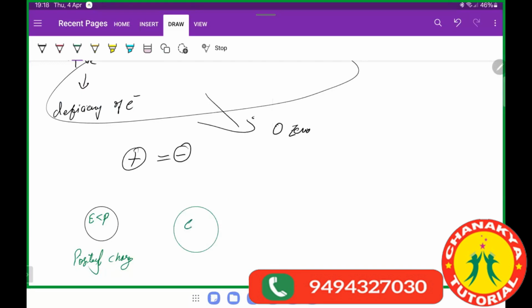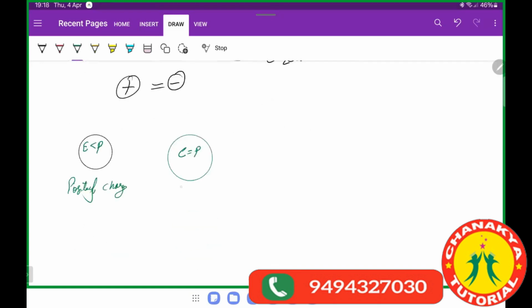Electrons equal to protons is uncharged. Uncharged body.